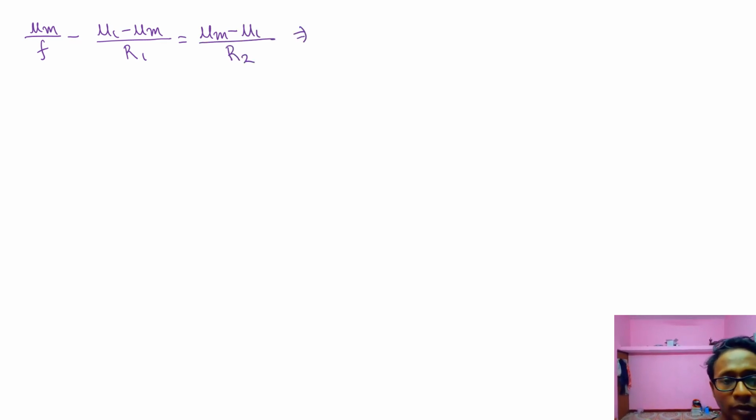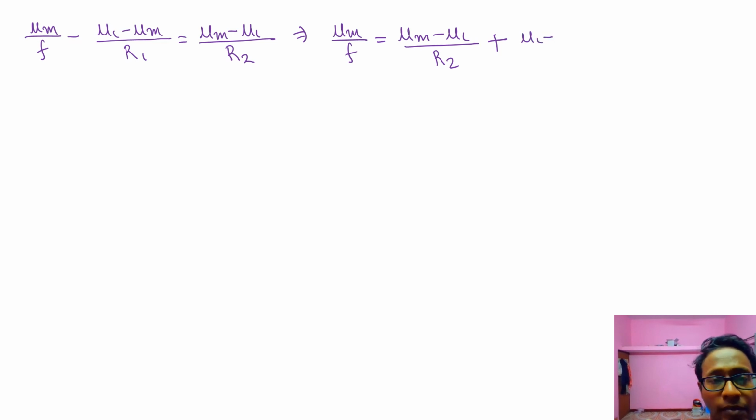It will become mu m by f minus mu l minus mu m by r1 is equal to mu m minus mu l divided by r2, or mu m by f is equal to mu m minus mu l divided by r2 plus mu l minus mu m divided by r1.